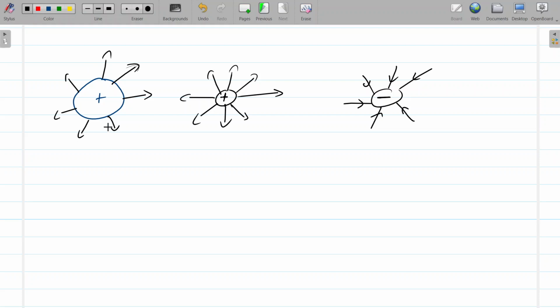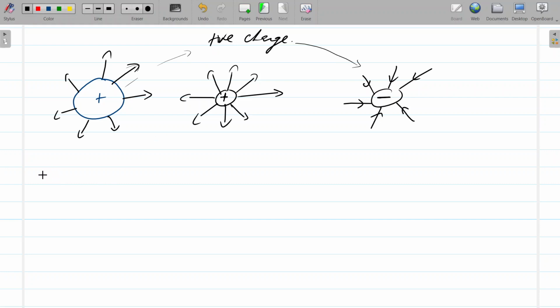So negative will attract while the positive will push away. Yes, and that is because we've put the standard with reference to a positive charge. A positive charge will be repelled by the positive field and attracted to the negative field.